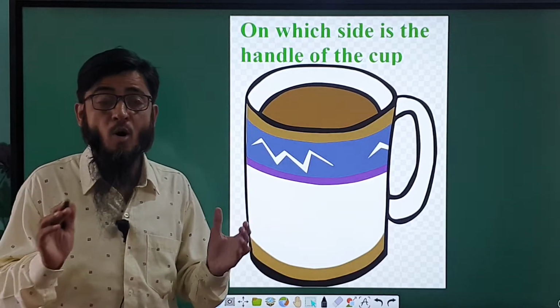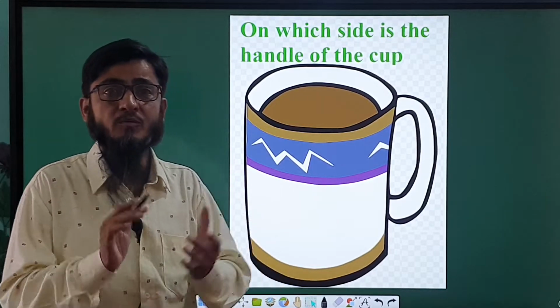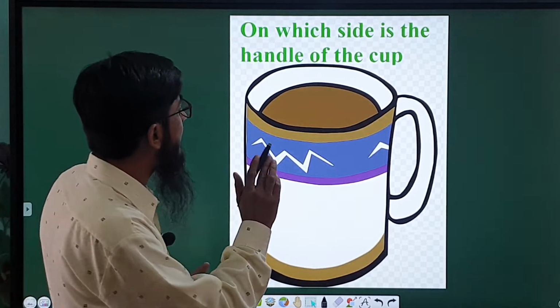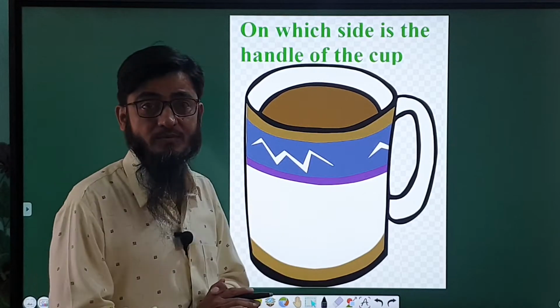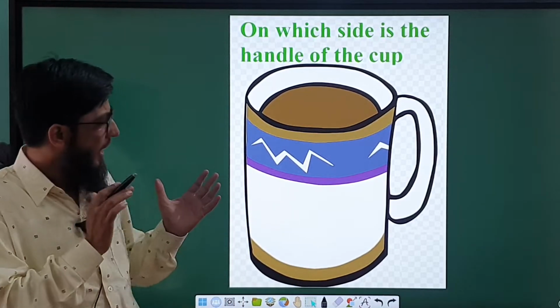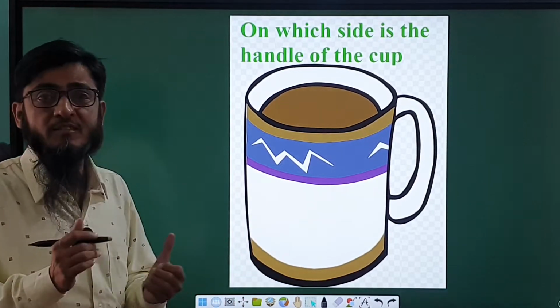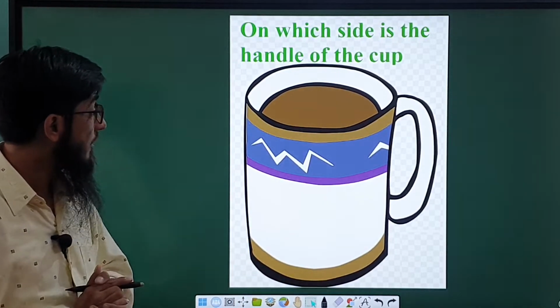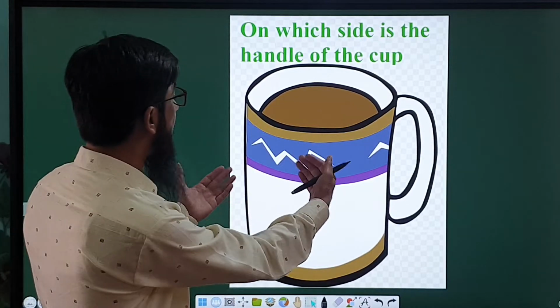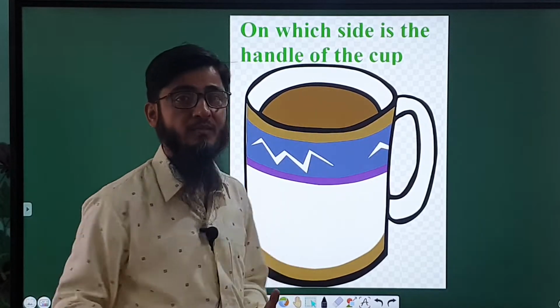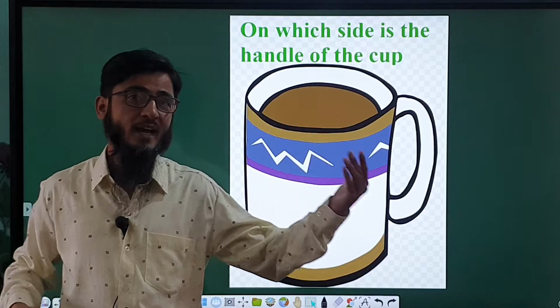The most obvious answer which comes to mind is that the handle is on the right hand side. If we pause for a second, the next answer which comes to our mind is maybe if you are looking from the front, the handle is on the right side, but if you are looking from the back, the handle is on the left side.